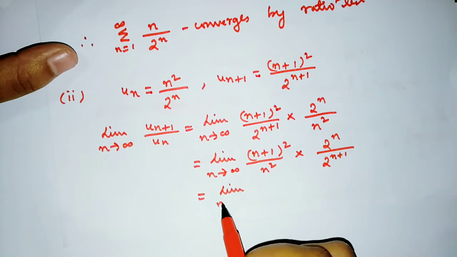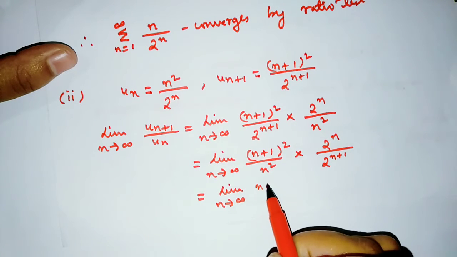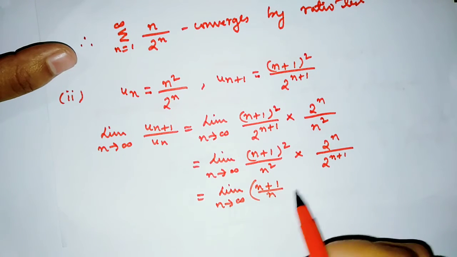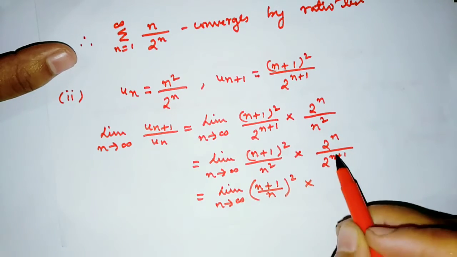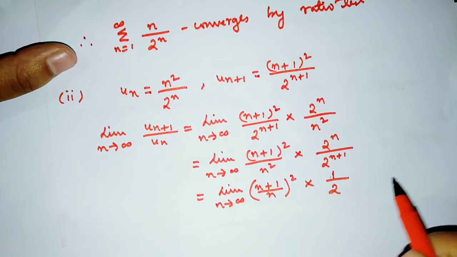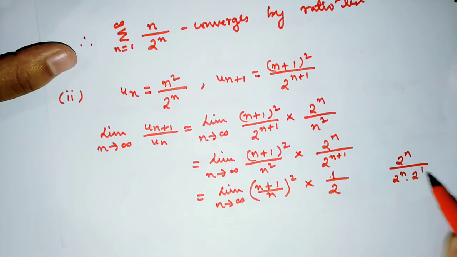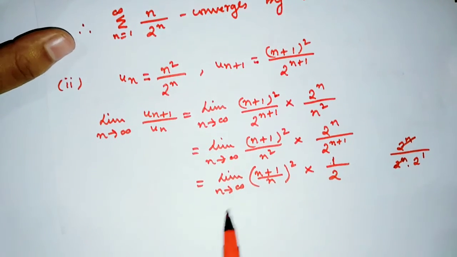Limit n tends to infinity. This one can be written as n plus 1 by n, whole thing square. And here we have the same thing as before. We are left with half, 2 to the power n into 2 to the power 1. So we have half here.